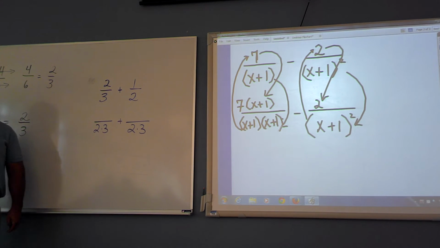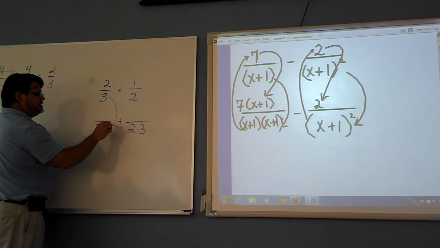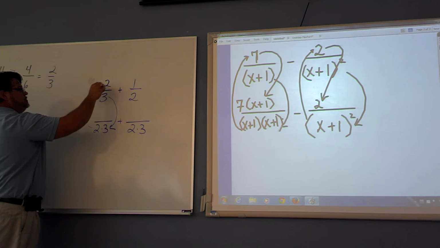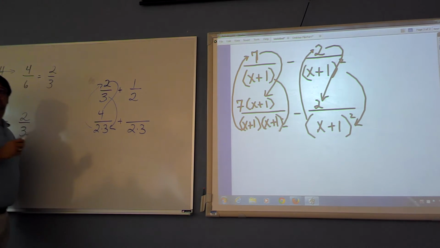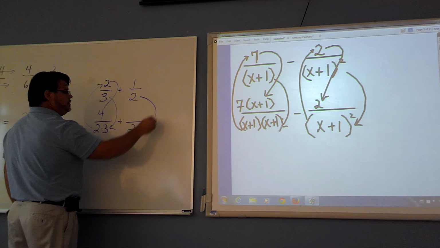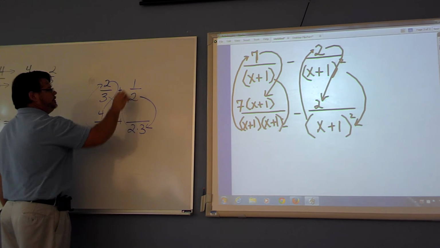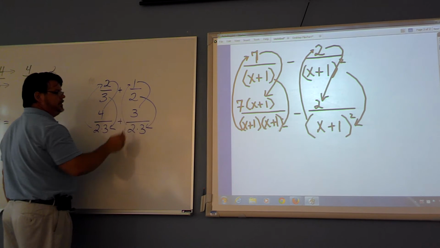That's the common denominator. How many times will this go into this? We'll cover that term up. How many times? 2 times. 2 times 2 is 4. How many times will this go into this? 3 times. 3 times 1 is 3.